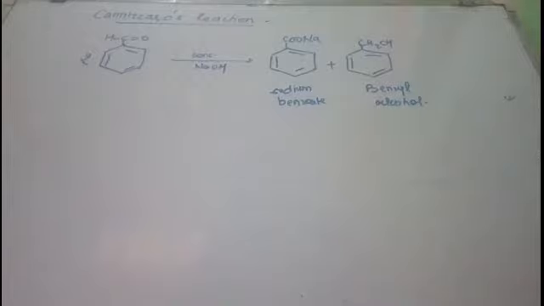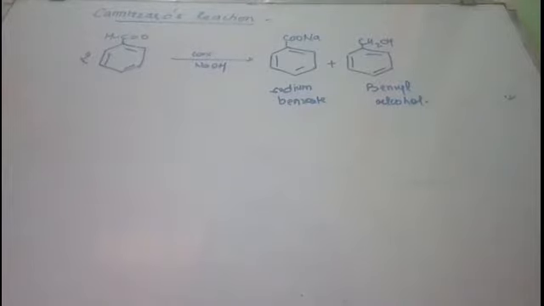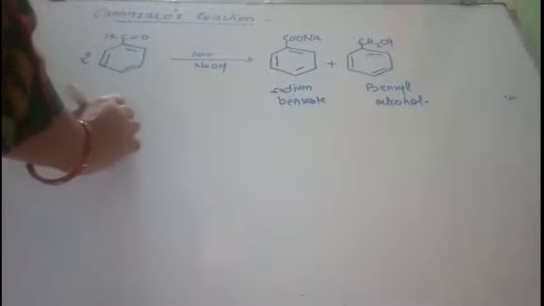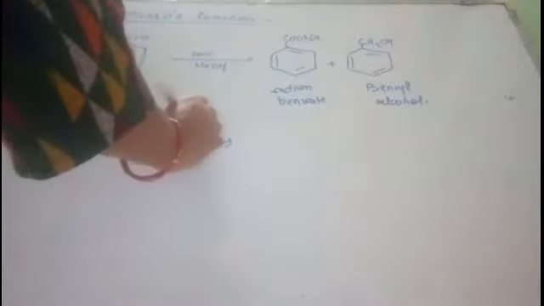So this is your Cannizzaro reaction, that when an aldehyde in the presence of concentrated alkali should not contain alpha hydrogen, right? It undergoes disproportionation to give alcohol and sodium salt of acid. Another such molecule can be formaldehyde. So when it is treated with concentrated alkali, it will also give you sodium methanoate and methyl alcohol.